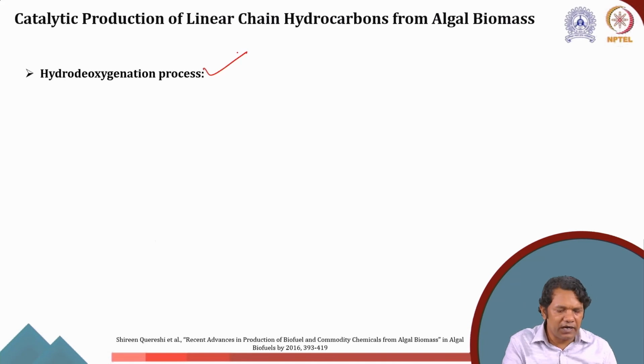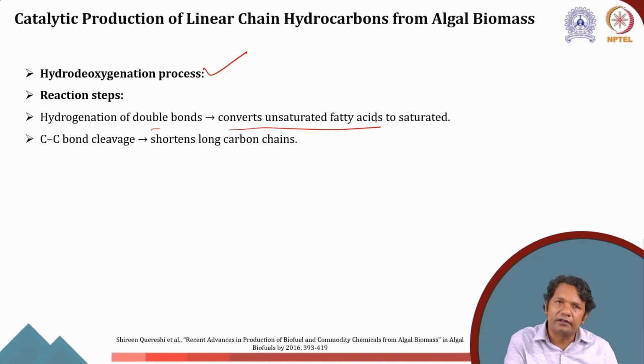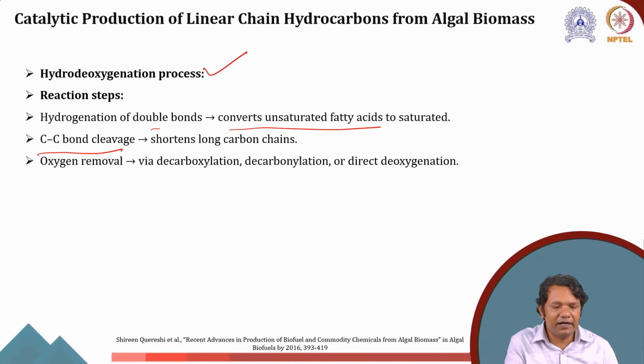For example, hydrodeoxygenation involves the hydrogenation of the double bonds, which converts the unsaturated fatty acids into saturated ones, then C-C bond cleavage that shortens the long carbon chains, followed by oxygen removal, of course, via decarboxylation or decarbonylation, or direct deoxygenation as well.